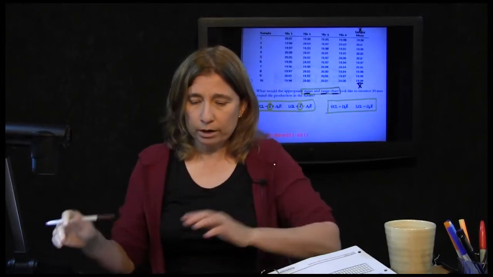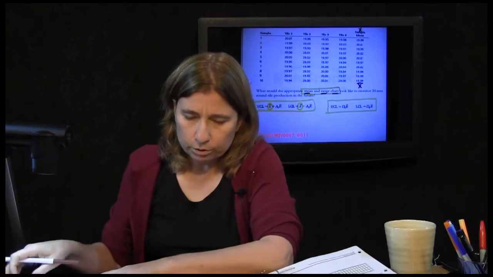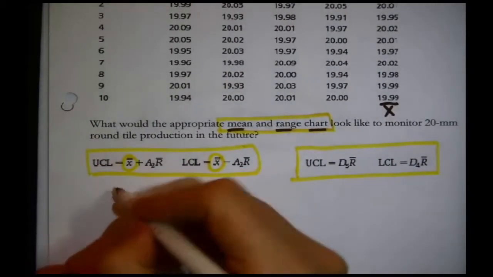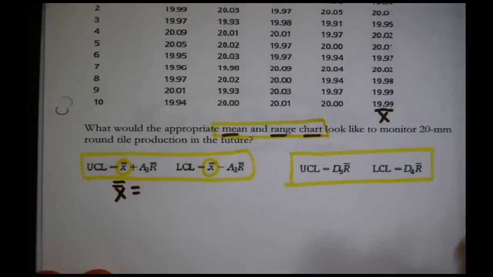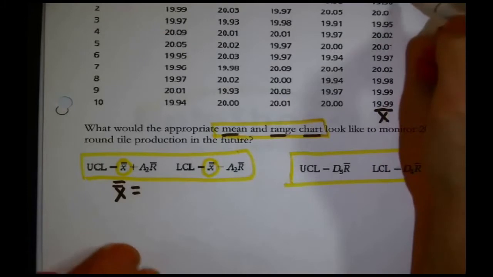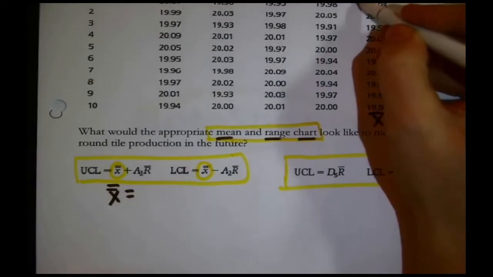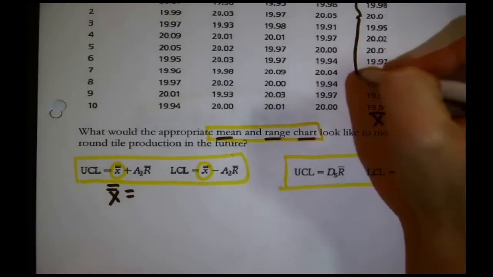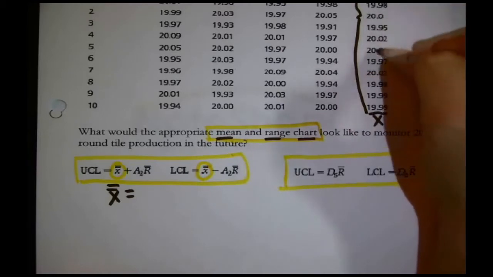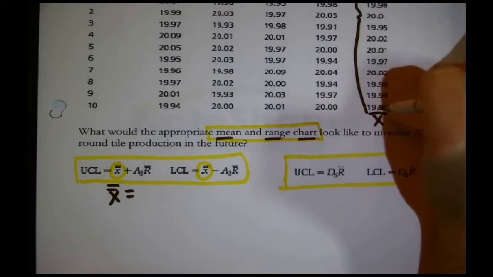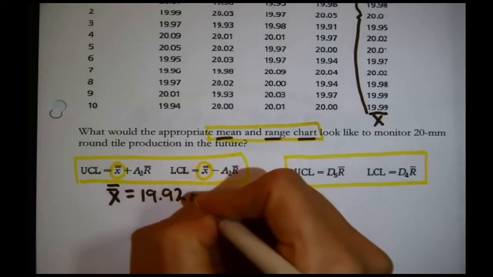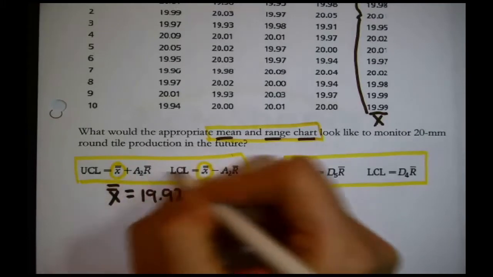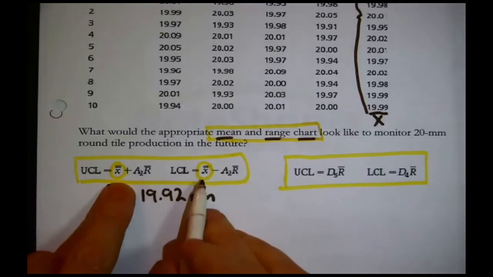So, in order to complete this work, why don't we first find X double bar? Just take this column right here and average these numbers. I did that, and I got 19.92 millimeters.